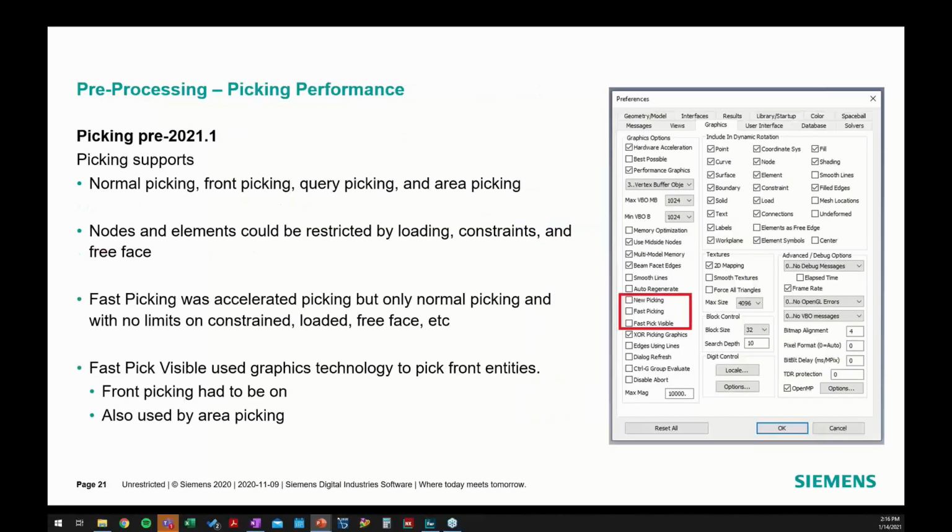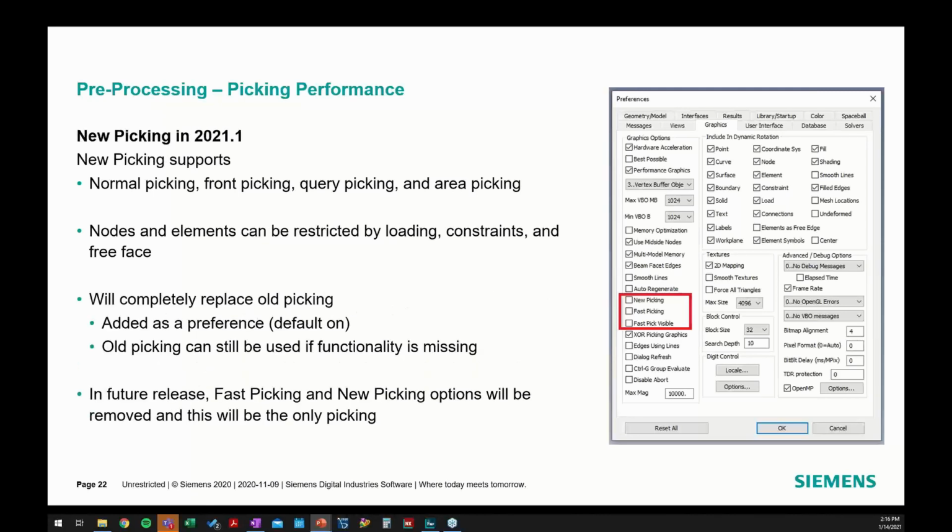So yeah, continued theme here. And then they've also upgraded the actual picking algorithms. The old scheme is still available. I think it's off by default now, but you can turn it back on if you notice you can't select something, or it's not working properly for you. There's not a lot of information on what they've actually improved on the back end, but it's supposed to be a lot better.